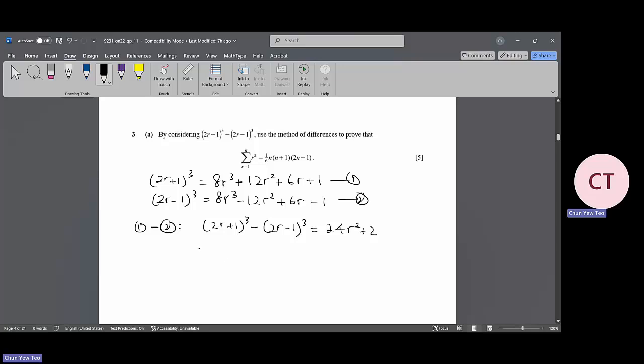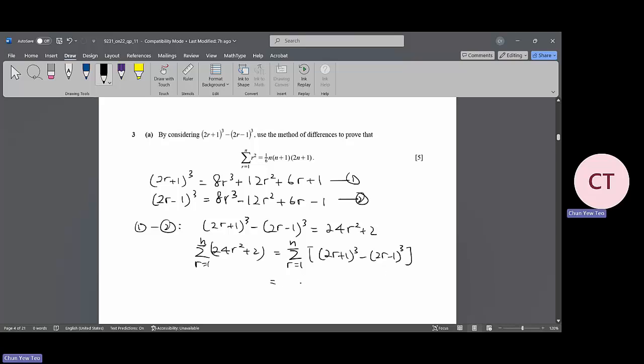So to find the sum of the same as the sum of this, (2r plus 1) cubed minus (2r minus 1) cubed.